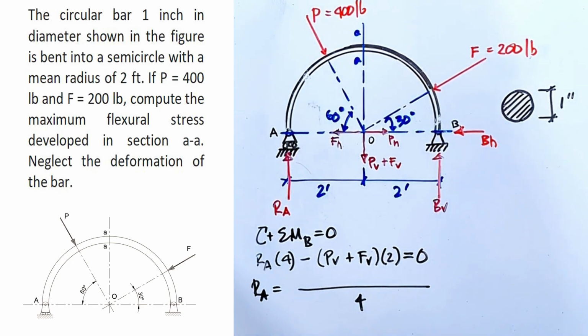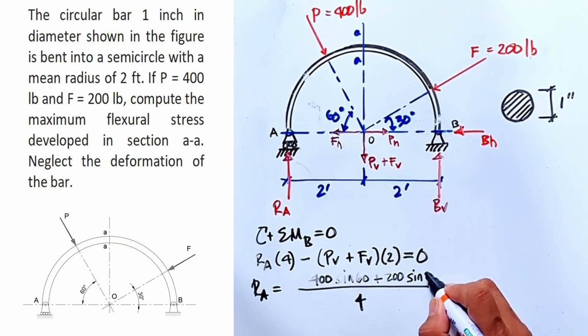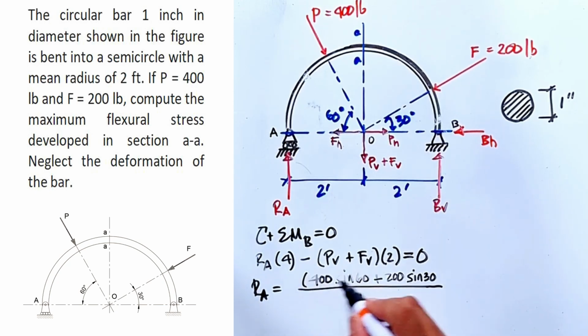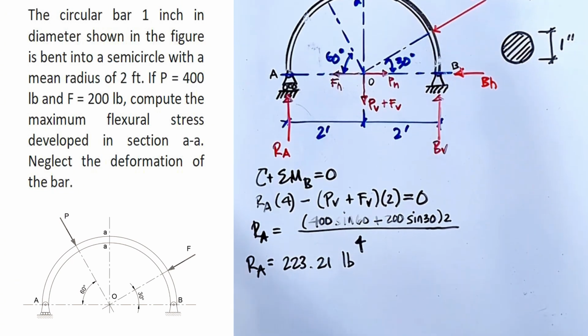So PV is 400 multiplied by sine of 60, plus FV, which is 200 sine of 30, multiplied by 2, divided by 4. RA is equal to 223.21 pounds.